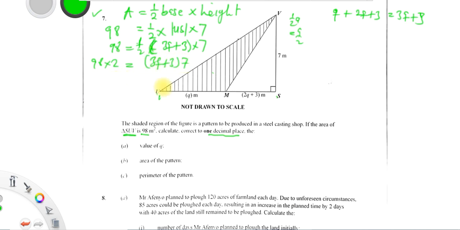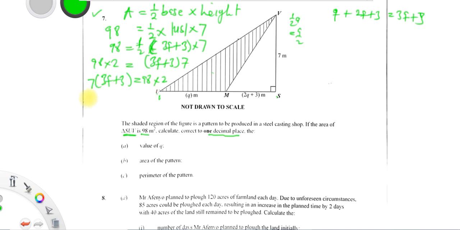You can rewrite it: 7 times the bracket 3Q plus 3 is equal to 98 times 2. We are looking for Q, so let us divide through by 7 and not worry ourselves to expand.